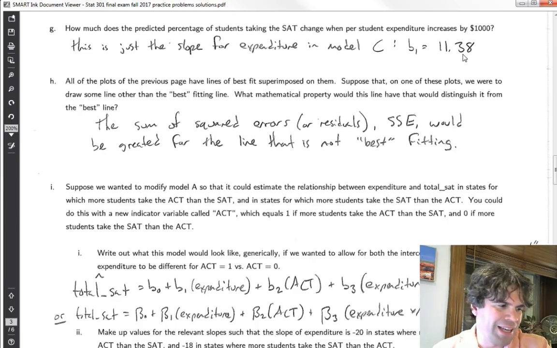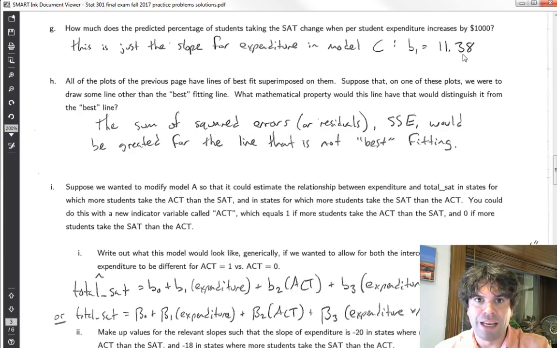We didn't get into any sort of mathematical detail on this. In this class, the extent of what is in the notes is that the best fitting line is the line that makes SSE, the sum of the squared errors, be as small as it can possibly be. It minimizes the sum of the squared errors.